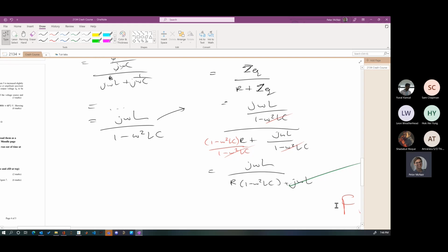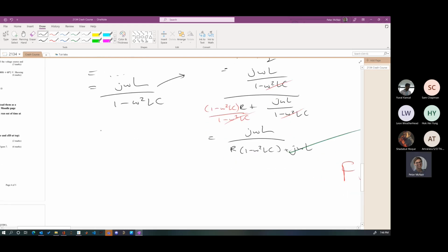And then to get to the next step, let's just divide by, what would we divide by? J, L. Let's times it by something instead. So multiply top and bottom by our 1 on JLRC.